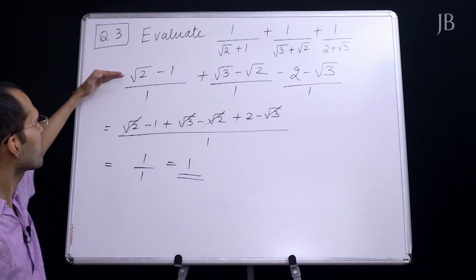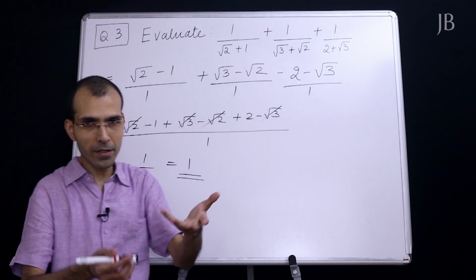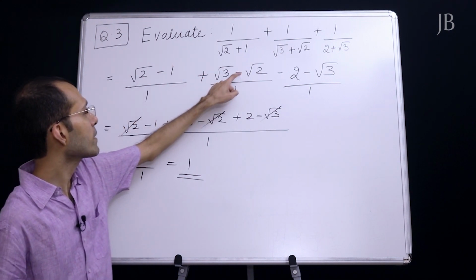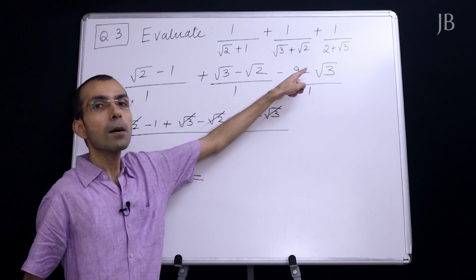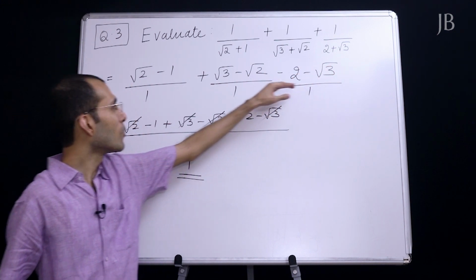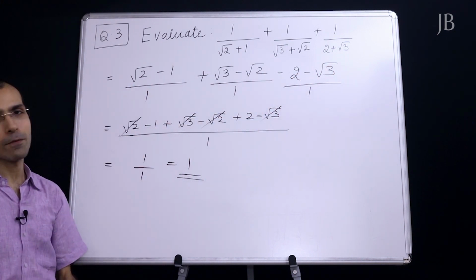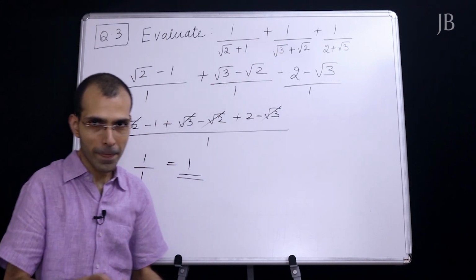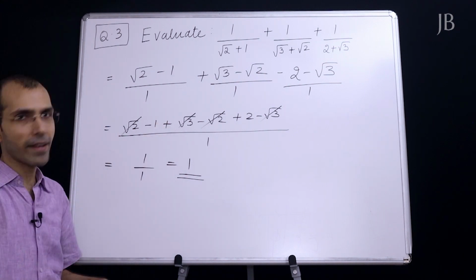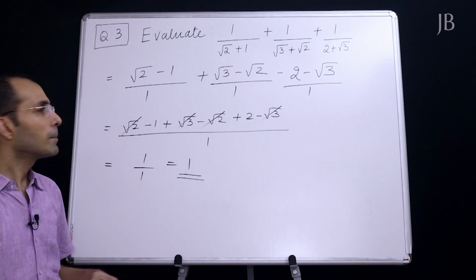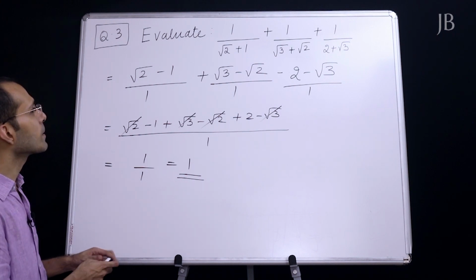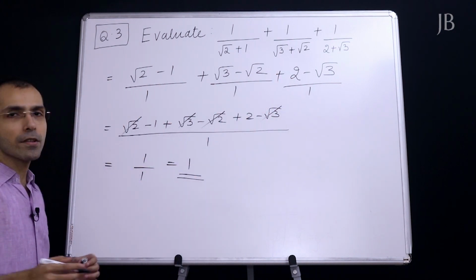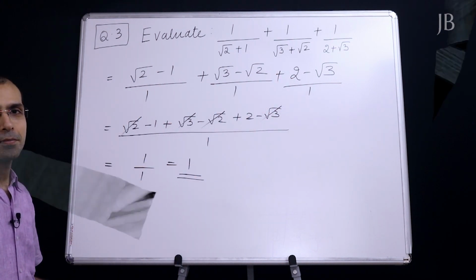So when you are simply adding up the numerators, because the denominators are the same, it will be root 2 minus 1 plus root 3 minus root 2 minus 2 plus root 3, the whole divided by 1, and accordingly the answer would change. So if there would have been a minus sign here, it would have been a better sum. Anyway, I have drawn your attention towards that fact and what mistake you can make. So now this completes, anyway, this is original now plus. This completes your question 3.